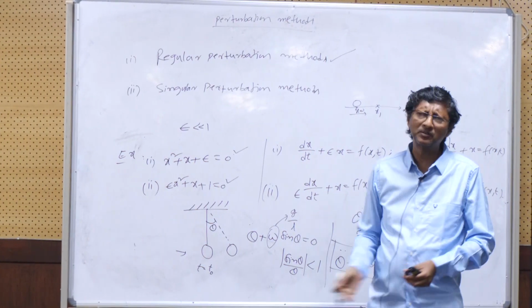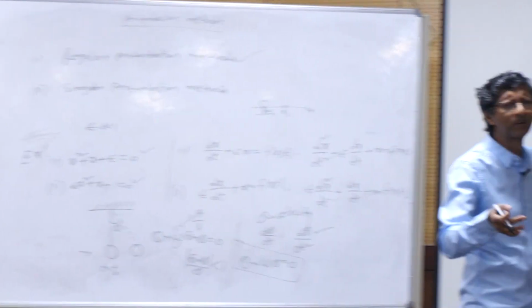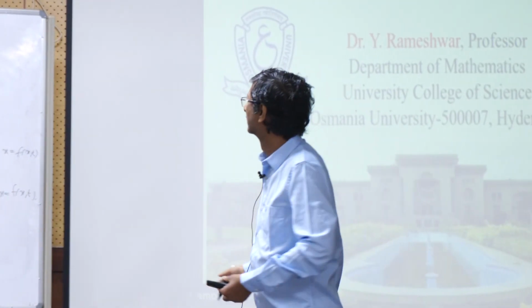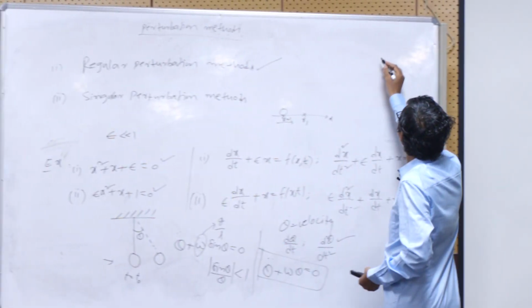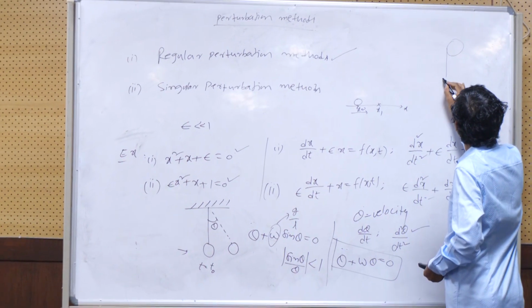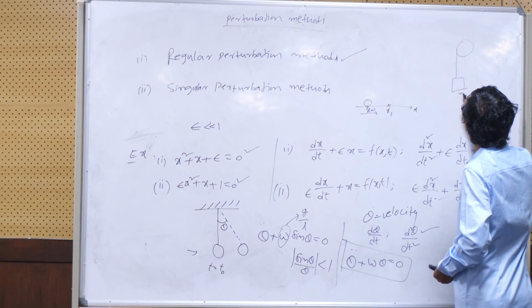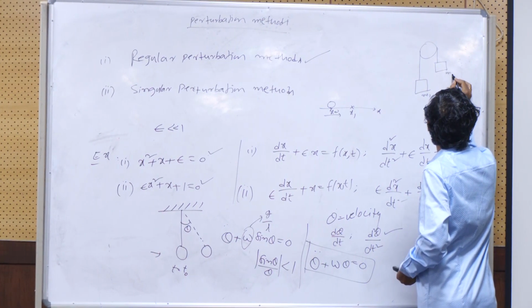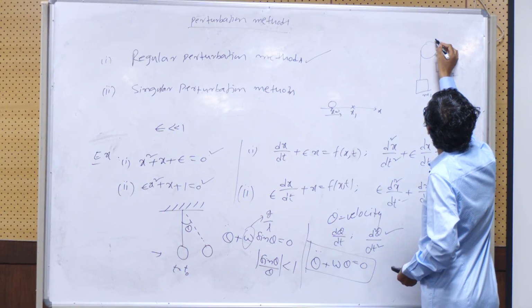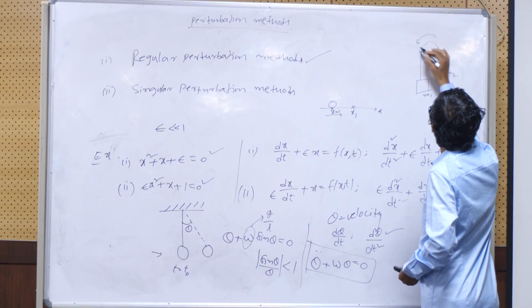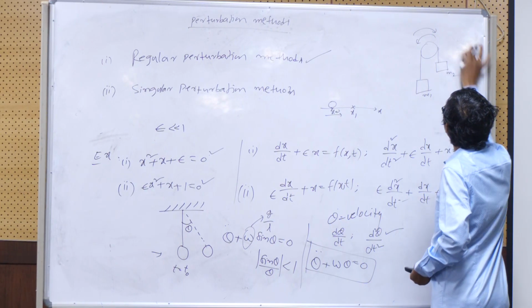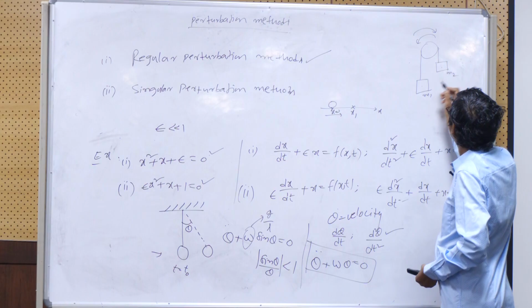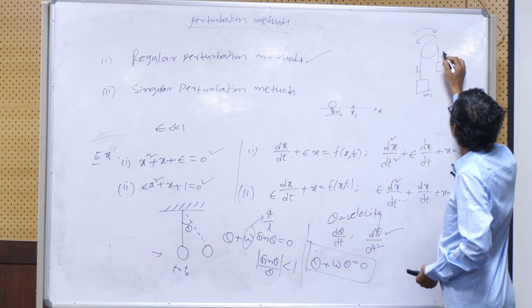If you open mechanics books, you can find a lot of applications. For example, suppose you have a pulley, and a mass m1 moves in this direction and another mass m2 in this direction, with lengths L1 and L2.